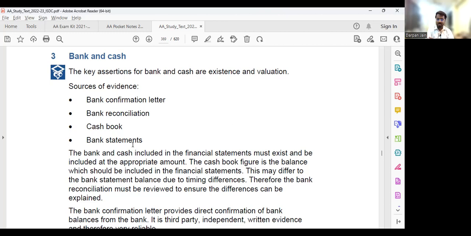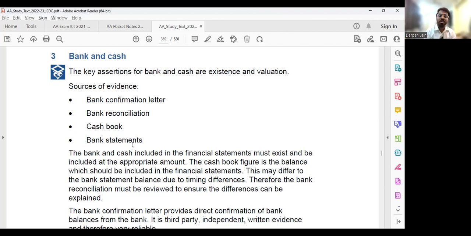Now, in those financial statements, let's say the amount of bank and cash being shown is 60 lakhs. As at the year end, the amount they have in bank or in cash in hand, the total of both, is shown at 60 lakhs.